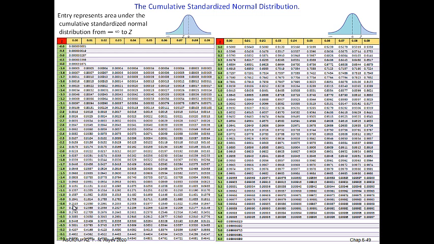Here 0.2. And you see 0.21, 0.2090, 0.2061, 0.2032, 0.2005. Only this number is very, very close to 0.2000, and the z value here is negative 0.84.